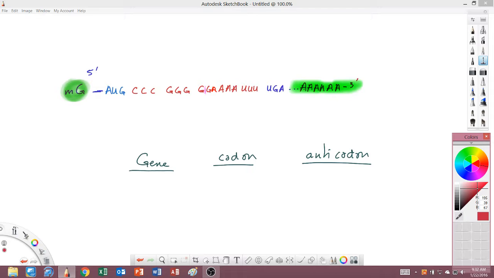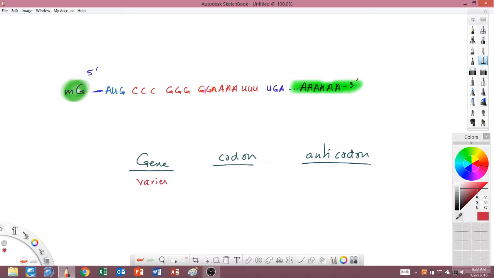Okay. Genes. Now, genes, in terms of the length of sequence, vary. It's variable. Codon is only 3 nucleotides in length. Anticodon? 3 nucleotides in length. Very good. Gene is found on what? DNA.